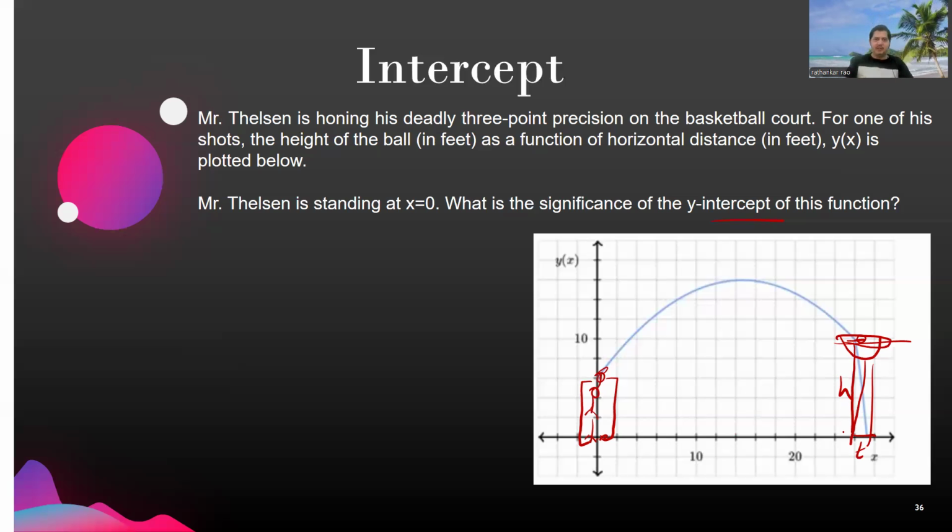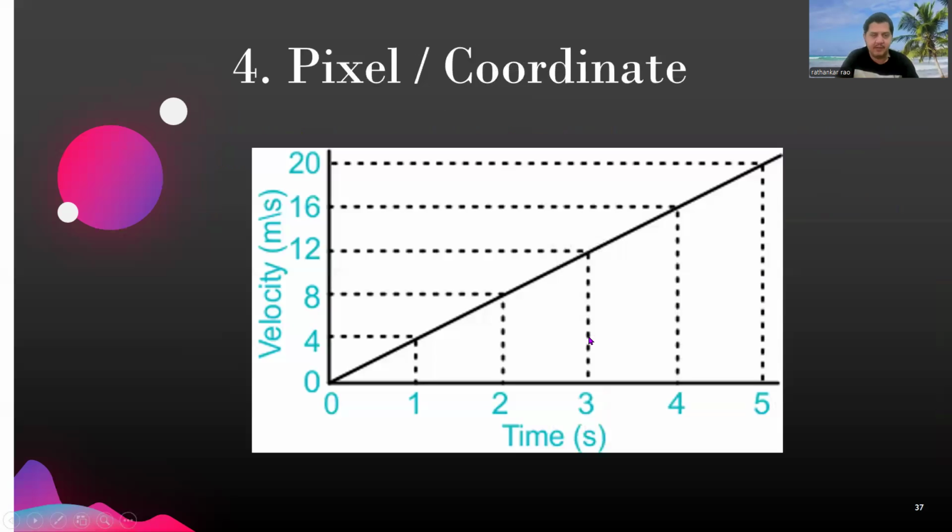Okay, now next point, pixel and coordinate. So far we have seen three parameters. The last part is the coordinates. So as you see, for example, I have a straight line passing through the origin and I want to find out what is the velocity at a given instant of time, t equal to 1 second. What is its velocity? 4 meter per second. How do I know? Drop a vertical here.